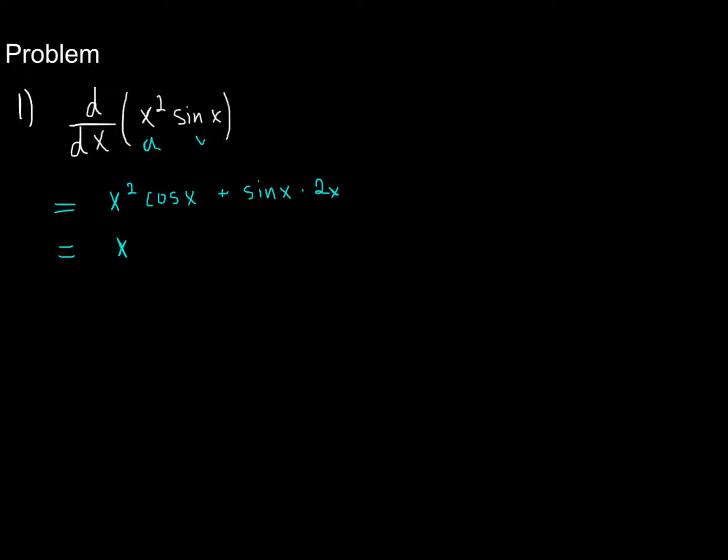I have x squared cosine of x plus 2x sine of x. I could factor out an x if I wanted to. I don't have to, but I can. And if I do so, I have x times x cosine of x plus 2 sine of x, and that's the derivative.